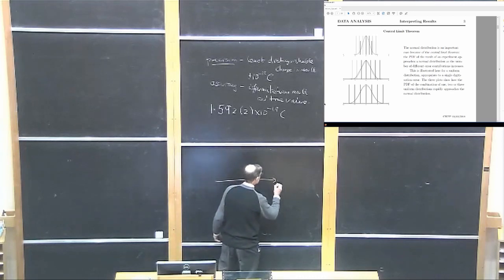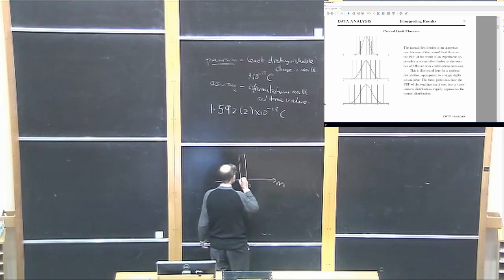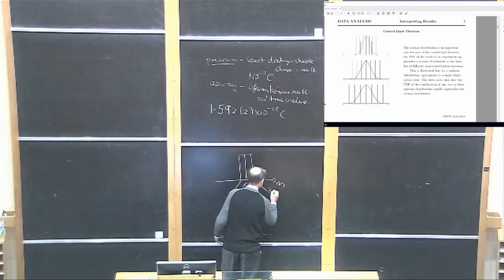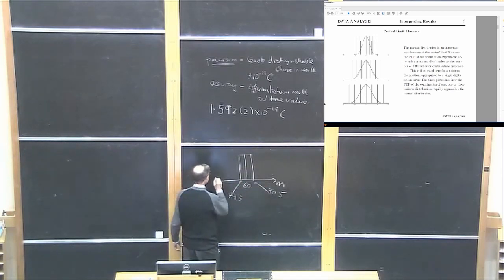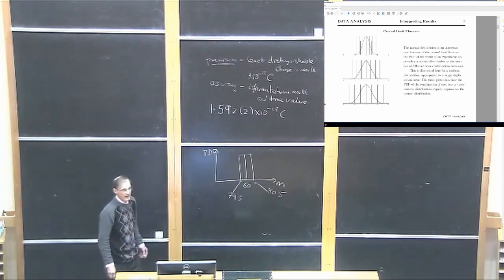So if that is mass and that is 80 grams, it could be anywhere between 79.5 and 80.5. So the probability distribution function can't be better than that.